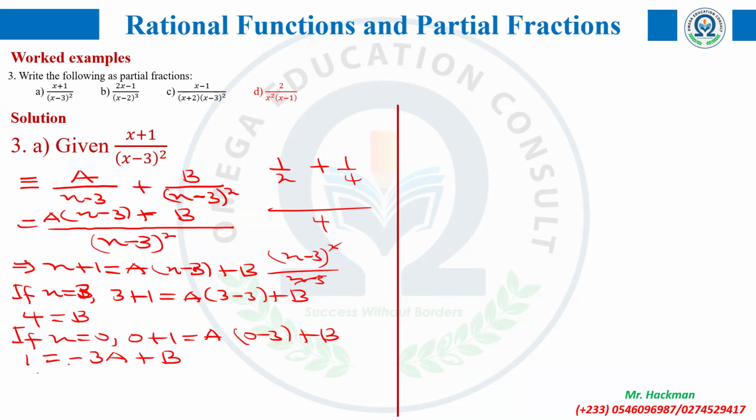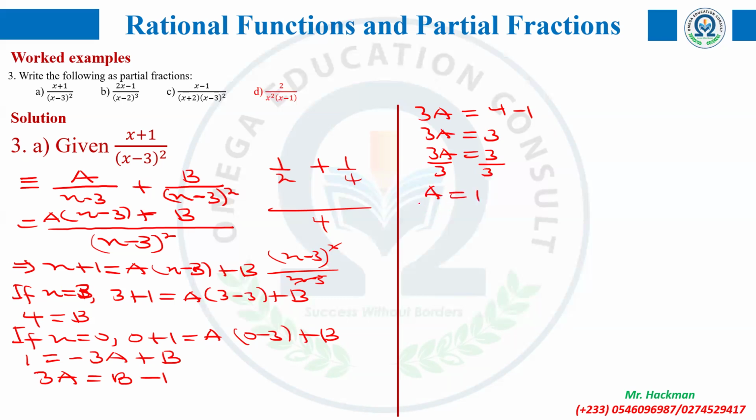So I'm going to write maybe 3a is equal to, I am going to do change of subject before substitution. You can substitute before change of subject, it is allowed. So 3a will be equal to b minus 1. So I'm going to get 3a will be equal to b, which is 4, minus 1. So 3a will be equal to 3. So 3a is equal to 3, so a will be equal to 1.